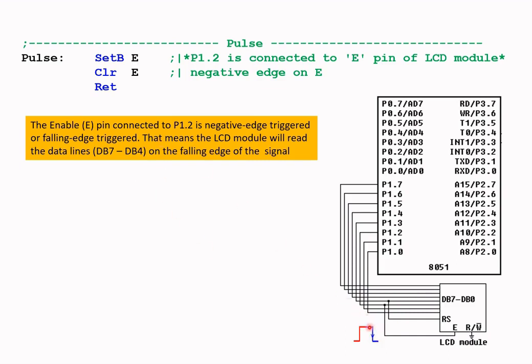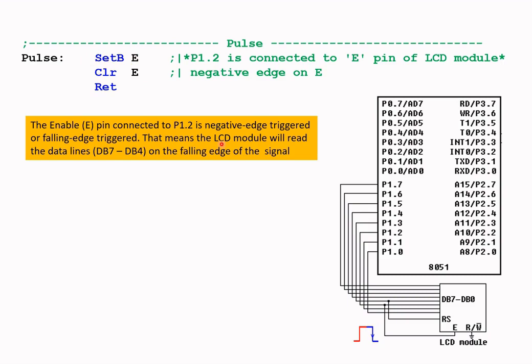What that means is when you send this pulse up, basically we set E, that will set it to a 1, and when we clear E, it will pull it down to 0. That means you go this way, falling. So this will generate the pulse. And what does that mean?